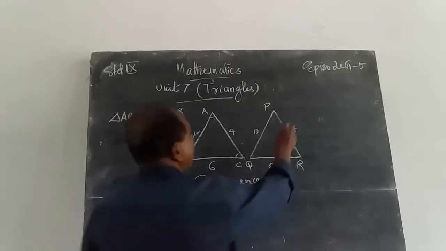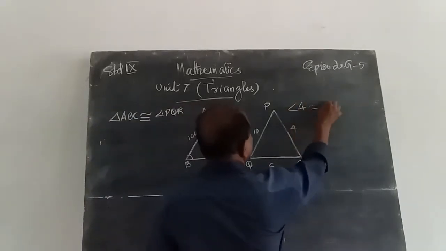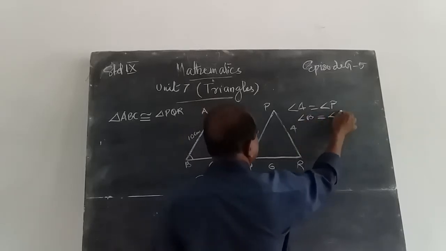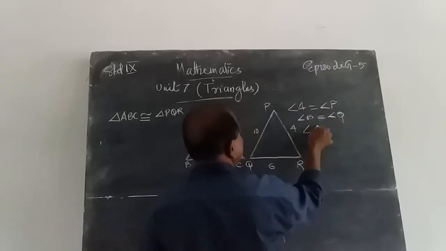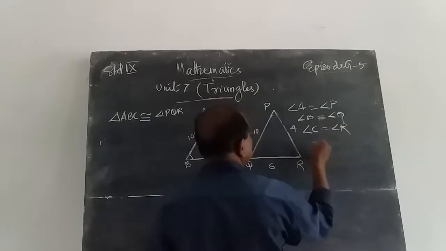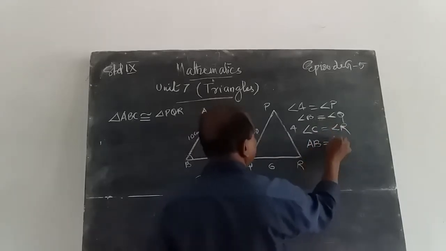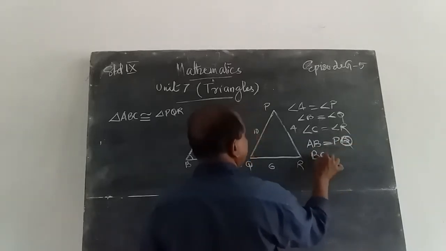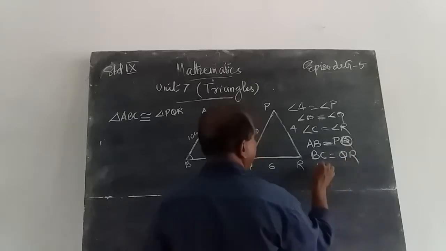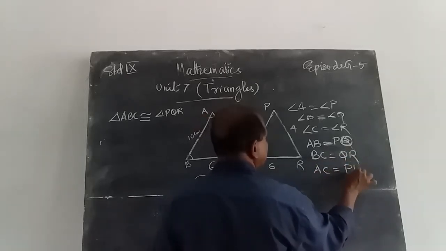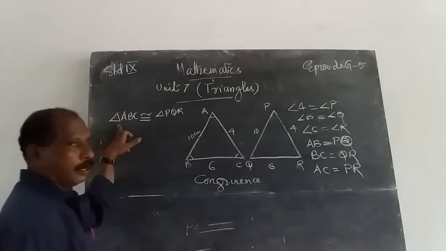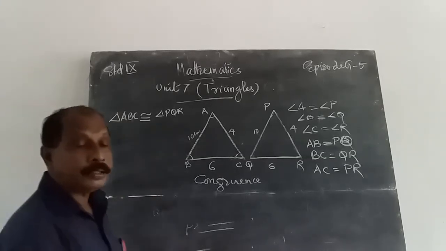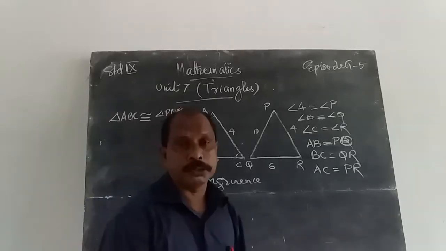That means angle A is equal to angle P, angle B is equal to angle Q, angle C is equal to angle R. Then AB is equal to PQ, BC is equal to QR, and AC is equal to PR. Therefore, we can write triangle ABC is congruent to triangle PQR. This is the basic concept for congruency of triangles.